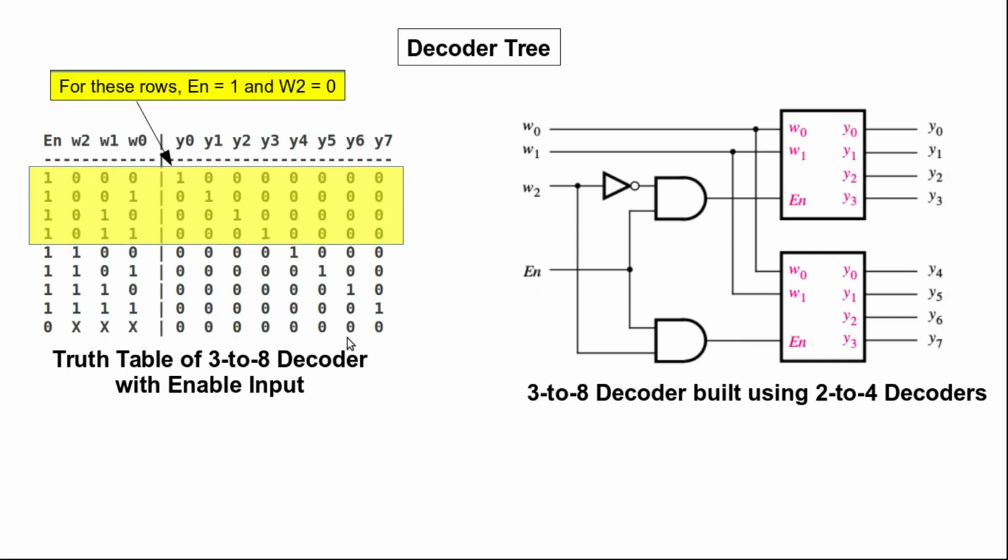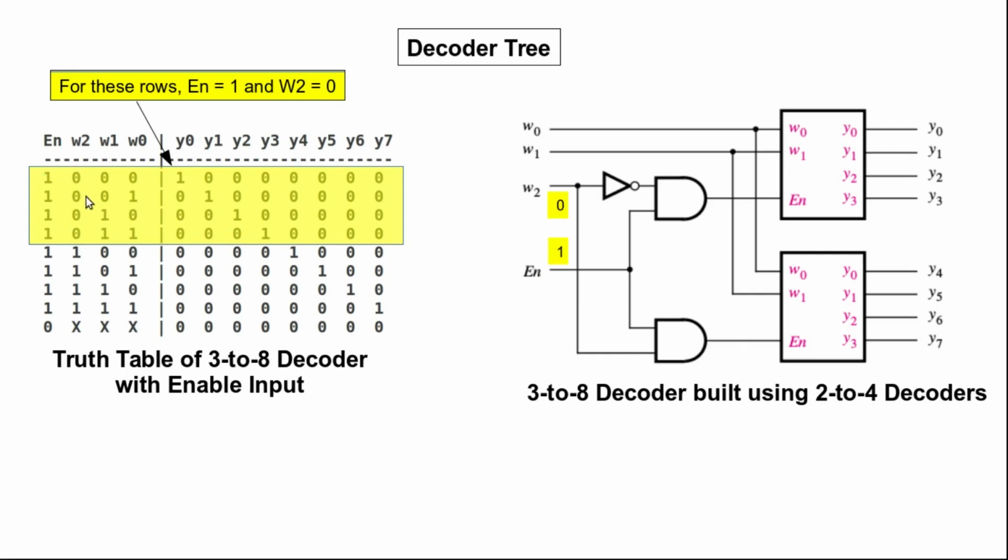Next, if we look at the first 4 rows of the truth table, for these 4 rows, we see that enable input is always 1 and the W2 input is always 0.